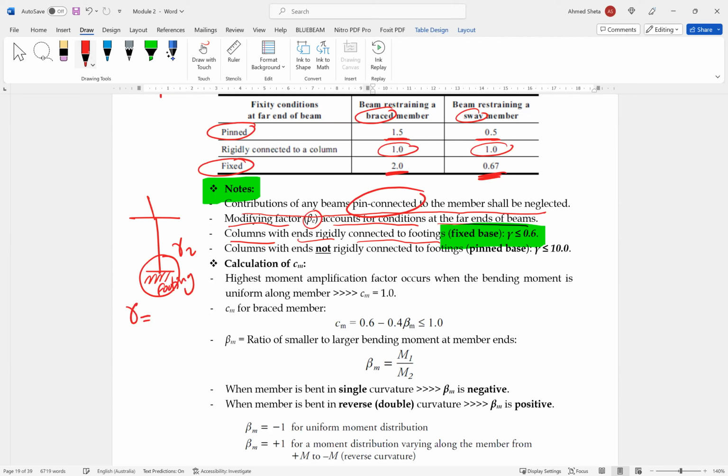So gamma will equal 0.6 or gamma equal to 10. So gamma equal to 0.6 in case of a fixed base, gamma equal to 10 in case of a pinned base.